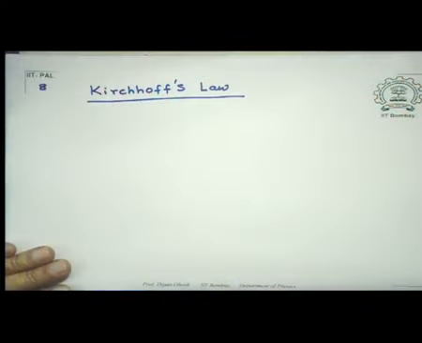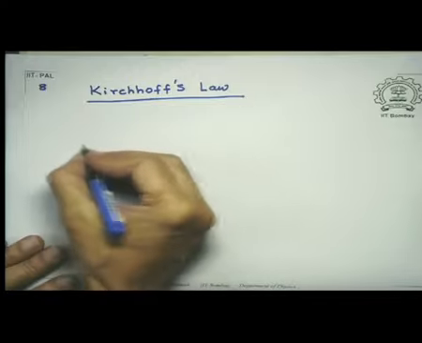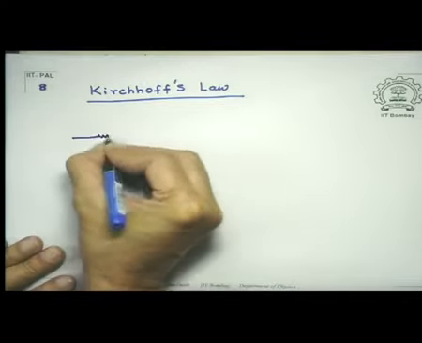So what we will do is try to get a method of how to solve for such circuits, and these are done in a very systematic way by a set of two laws, known as Kirchhoff's laws. But before I discuss what Kirchhoff's law is, let me first put one circuit just as an illustration of what I am talking about.